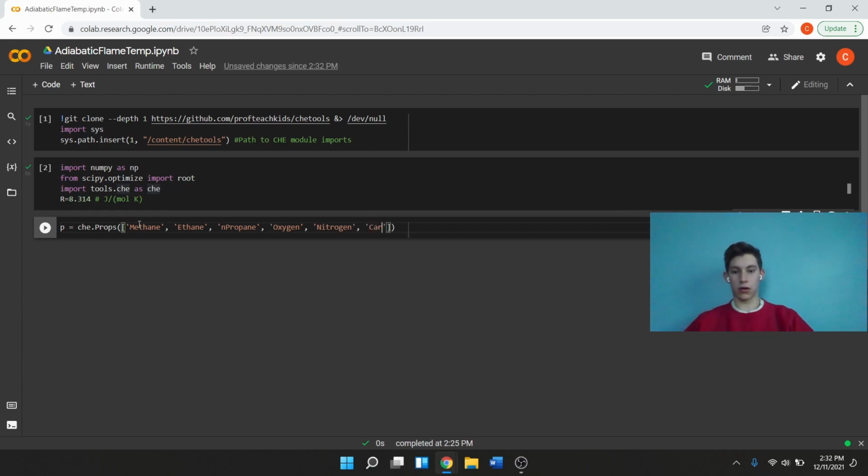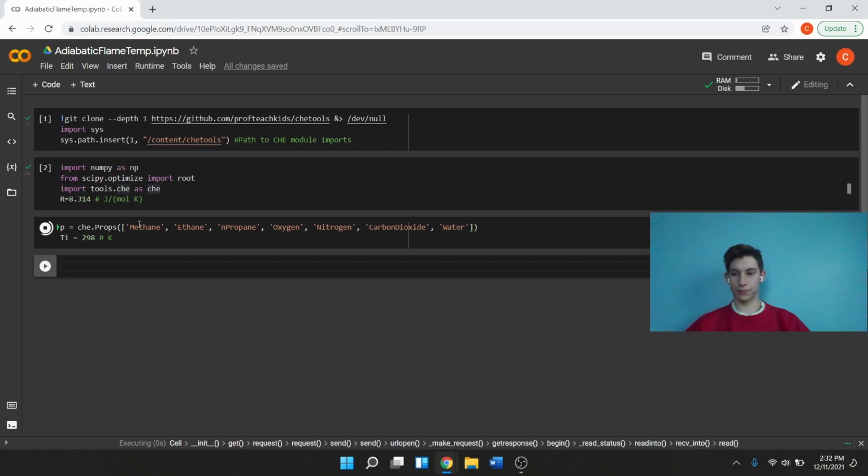And then we have our carbon dioxide and water. We can also establish here that our beginning temperature will be 298 Kelvin.